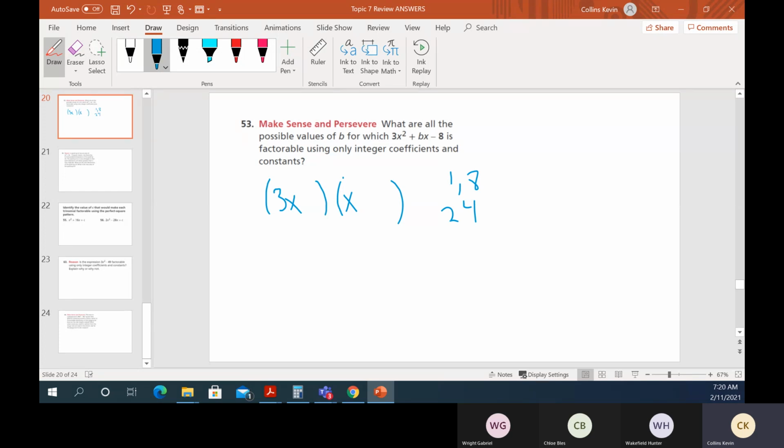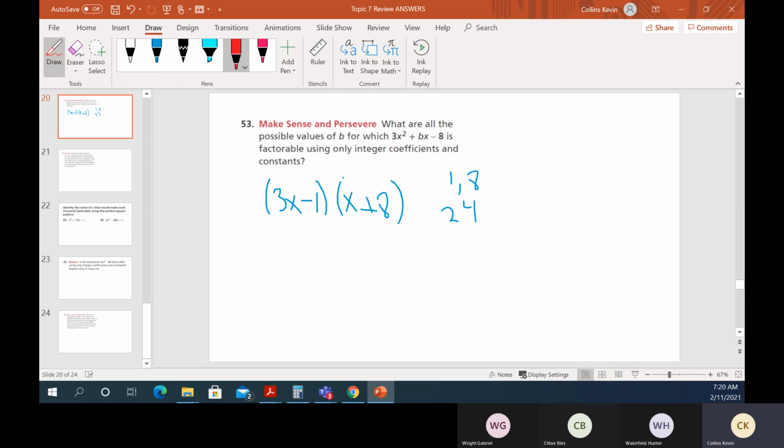Okay, so what they're asking for is when you multiply this guy back out, what are some of the possible values? All right, so since we can have one of these guys positive and one of these guys negative, basically what we're doing is we're just going to throw some answers in here, right? So let's start off, we'll make it negative and positive, all right? And let's start, we'll do 1 and 8, okay?